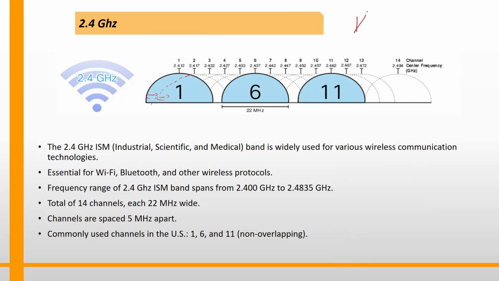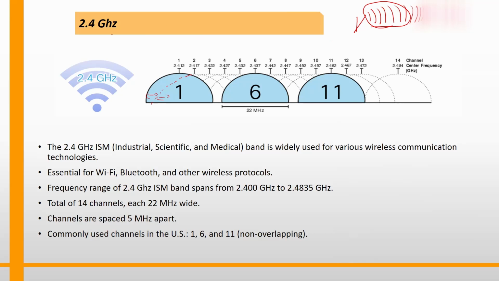Instead, I am going to use multiple frequencies so that the data that is lost because of interference will be a small portion instead of all of it being lost. That's why I am going to send the signal on multiple frequencies.